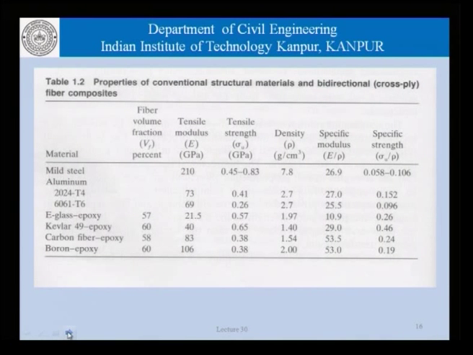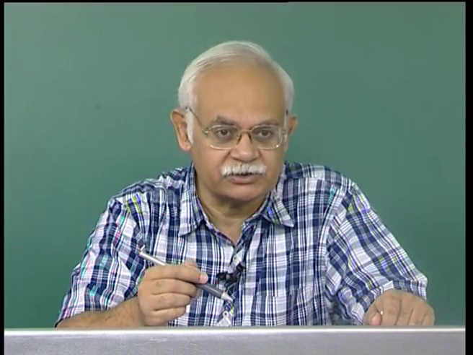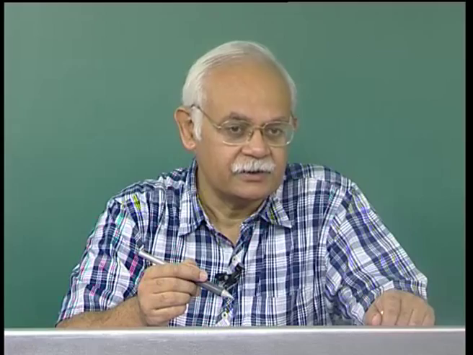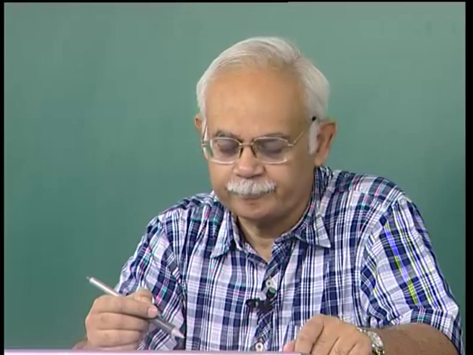Continuing from the discussion of bulk materials, which was the kind of data shown in the last table, we have properties of structural materials and bidirectional fibers. If we look at the similar numbers here, we can draw our own conclusions, whether we use glass with epoxy, Kevlar with epoxy, carbon fiber with epoxy or boron with epoxy, because we must understand that epoxy is also a very important component of the composite and contributes to its structural performance in terms of load carrying capacity, in terms of the modulus of elasticity and so on.